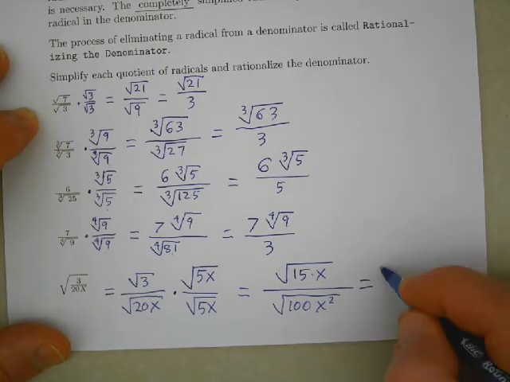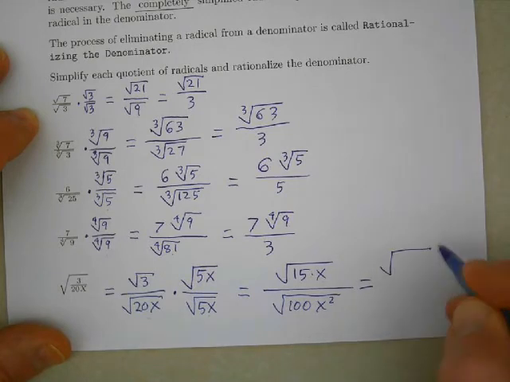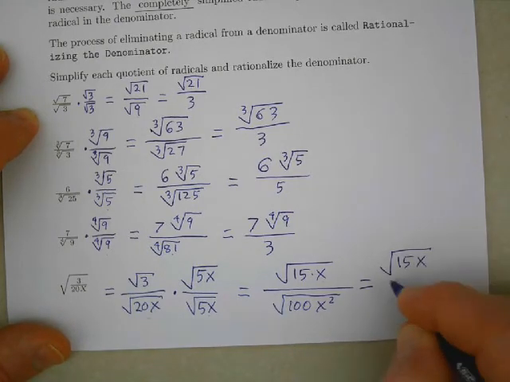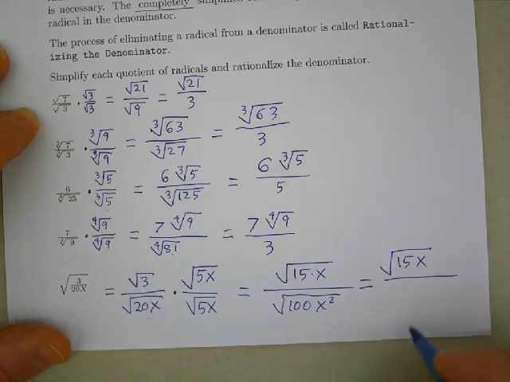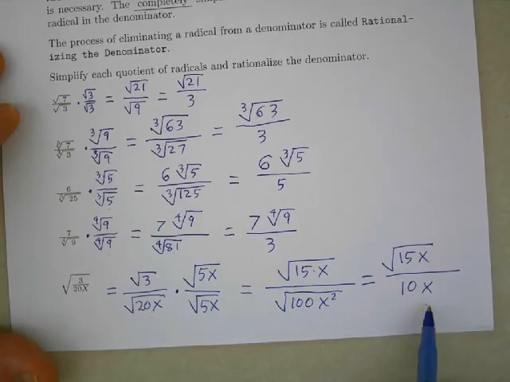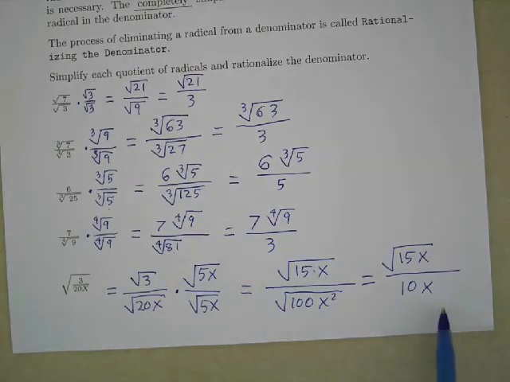And then in the final step, we can write our simplified answer, the square root of 15x divided by 10x, because the square root of 100 is 10 and the square root of x squared is x. So we're assuming that x is a positive number so that we don't have to write the absolute value symbols around the x.